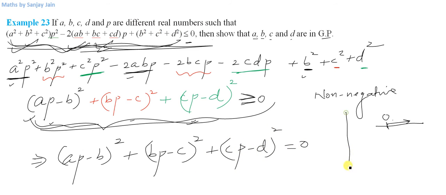Why do I say that? Because you can always write that 3 is less than or equal to 3.